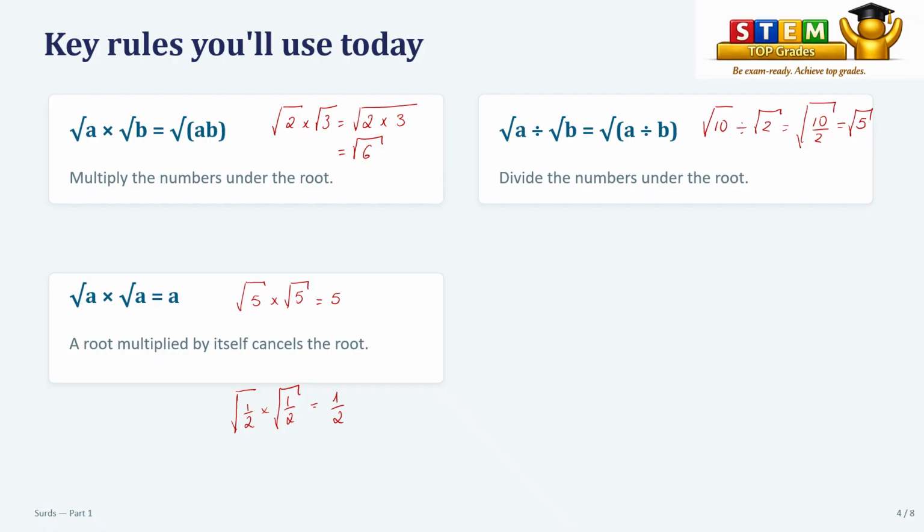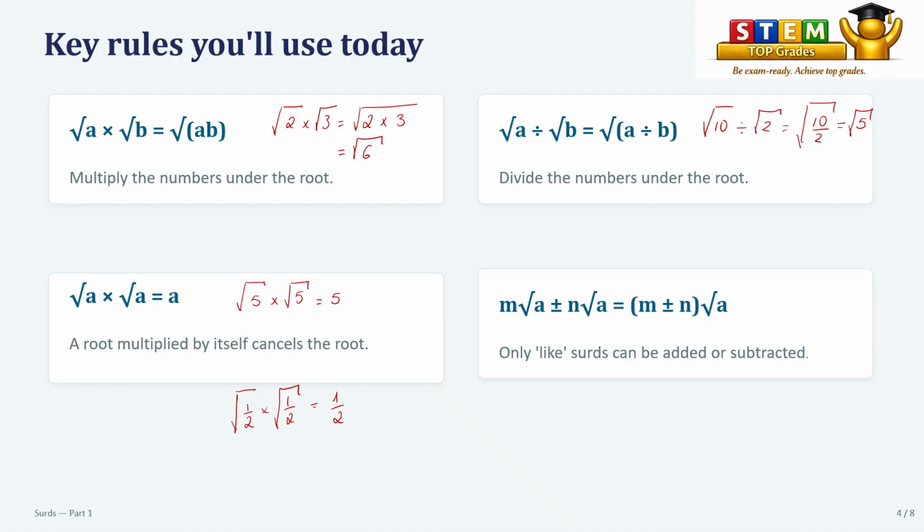And the last one, that rule is about addition and subtraction of surds. Now, the surds have got to be the same surd. If you're having 2 root 5 plus 3 root 5, so it's just like collecting like terms.